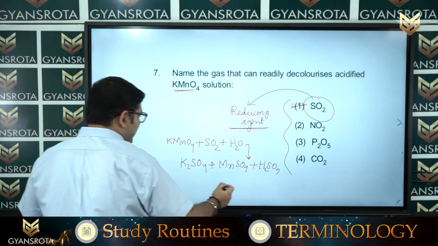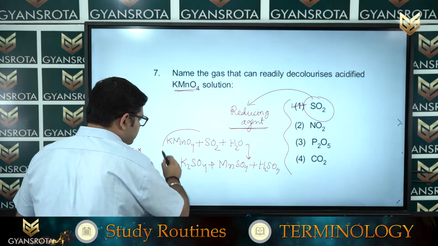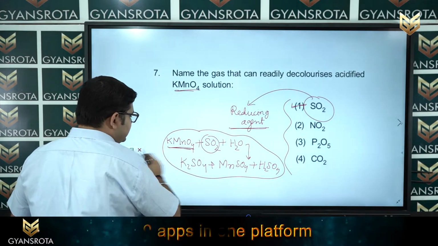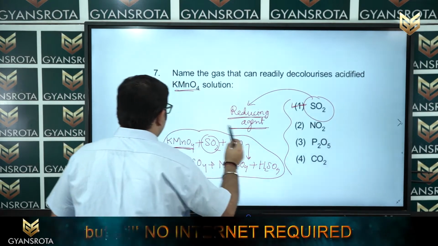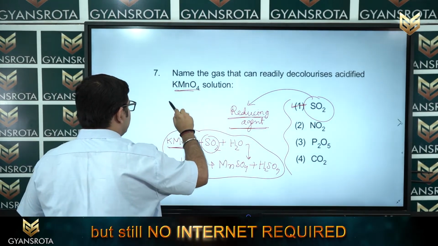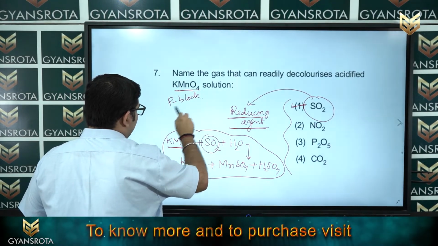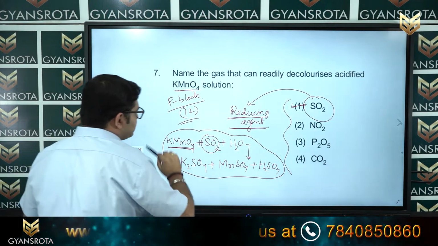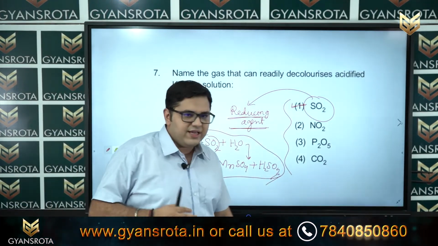So, this is not balanced, so you just put the stoichiometry to balance it, but this is the actual reaction of how sulfur dioxide decolorizes KMnO4, because it acts as a reducing agent, and this statement is given in the P block elements of your class 12 NCERT, not the class 11 part. In class 12 NCERT, these reactions and this statement are already given.